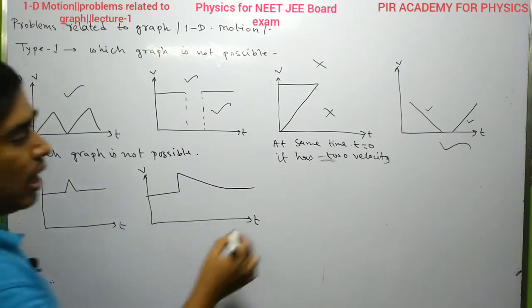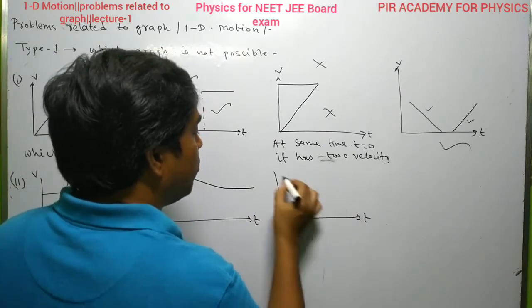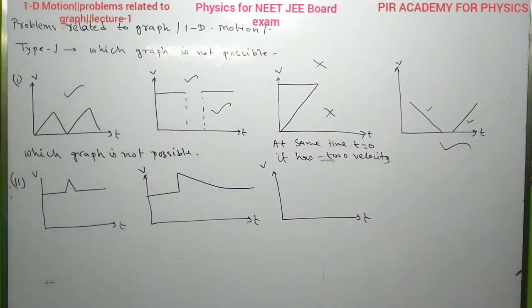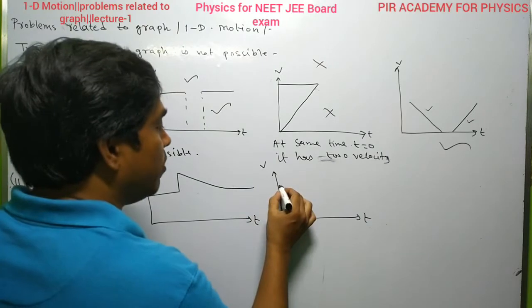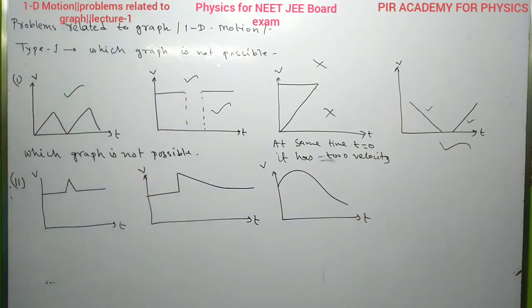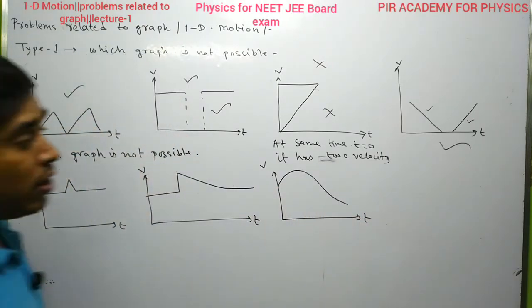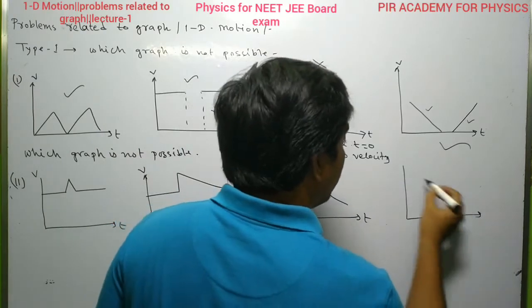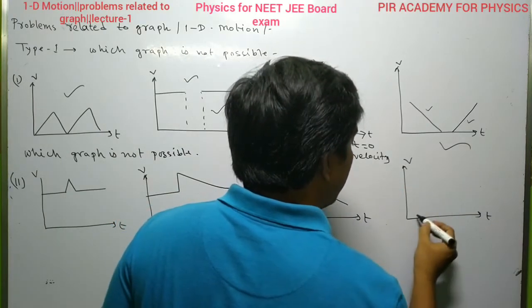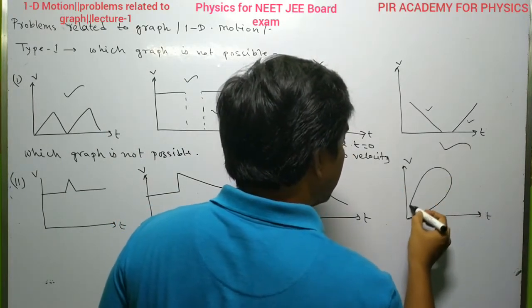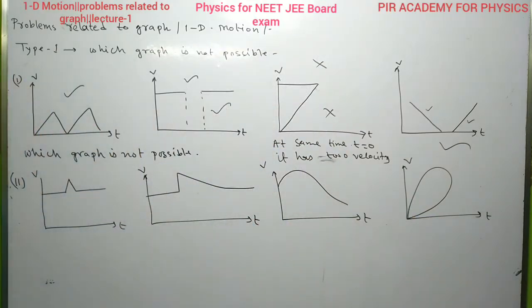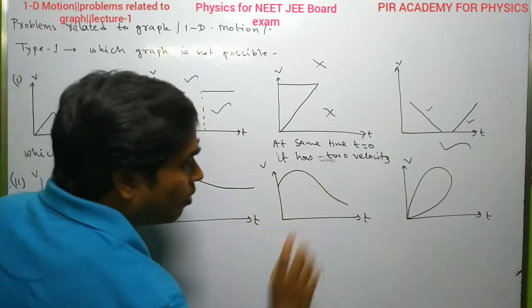If I draw another velocity time graph like this, this is another velocity time graph. And another velocity time graph like this. Then you have to find out which graph is not possible.